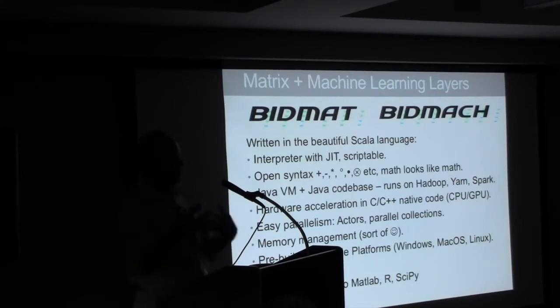And it benefits from that 20,000 hours of Sun employees optimizing the compiler and the just-in-time runtime and so on. It's interpreted. You can run scripts as well. One reason Scala is a unique language right now is that it's considered a domain-specific language. So it has a fully open syntax. You can take almost any string of Unicode characters, including all the exotic math symbols, and use them as operators in the language.